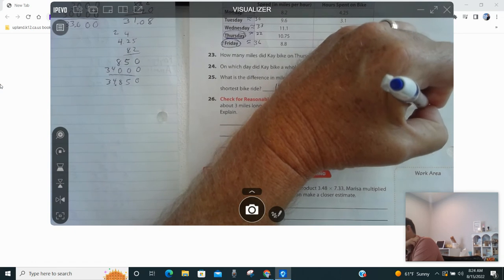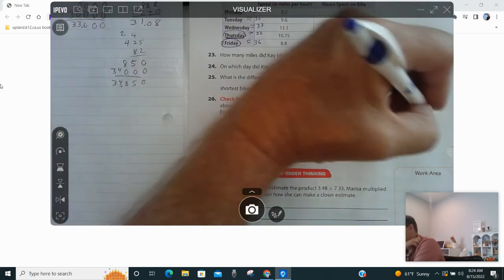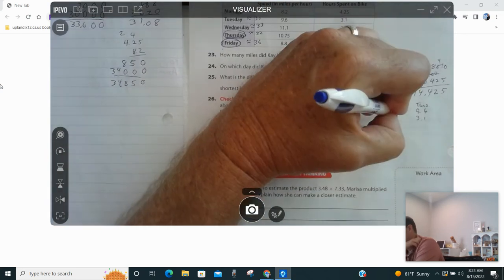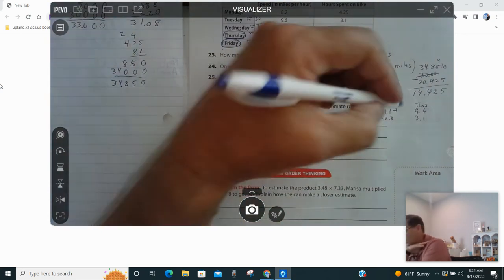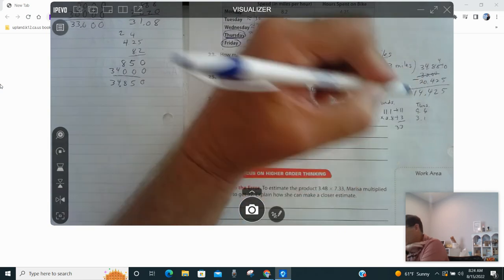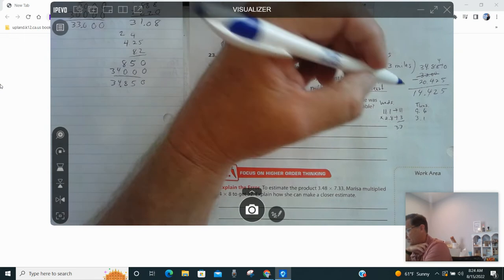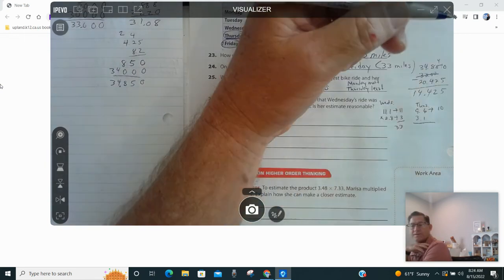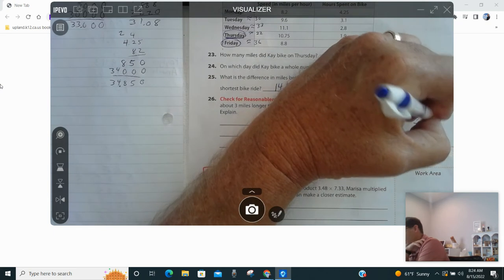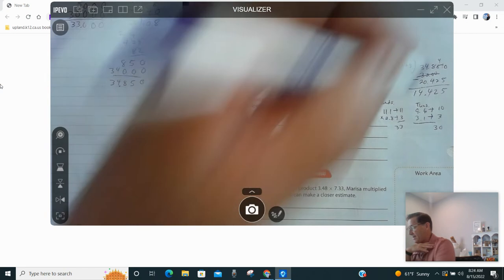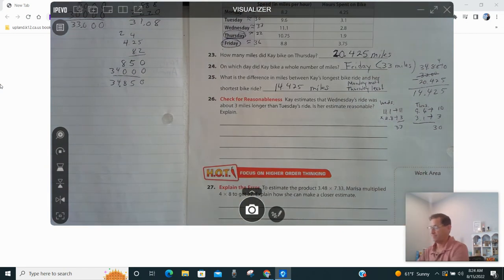Tuesday was 9.6 times 3.1. Well, 11.1 is close to 11. 2.8 is close to 3, so Wednesday was about 33. Tuesday, 9.6 is close to 10, and 3.1 is close to 3. So 10 times 3 is about 30. Yeah, that's about 3, right?